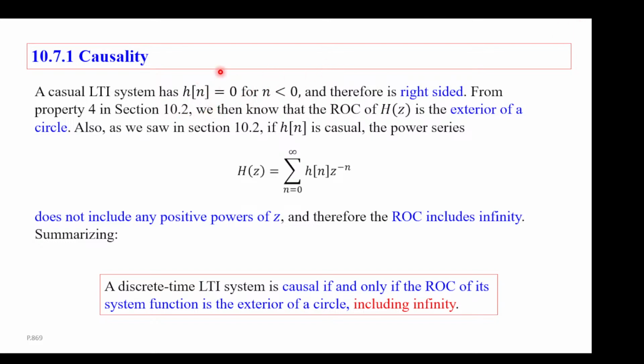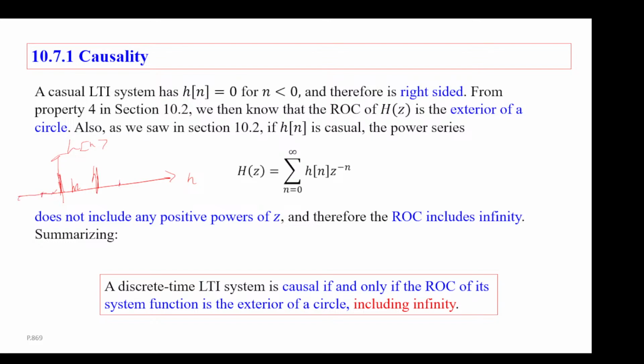First thing is h of n equals 0 for n less than 0 means that this is right-sided. So let's try to do some drawing so we'll remember what this is like. So this is h of n here. Causal means h of n starts from n equals 0, so it's all 0 when n is less than 0.